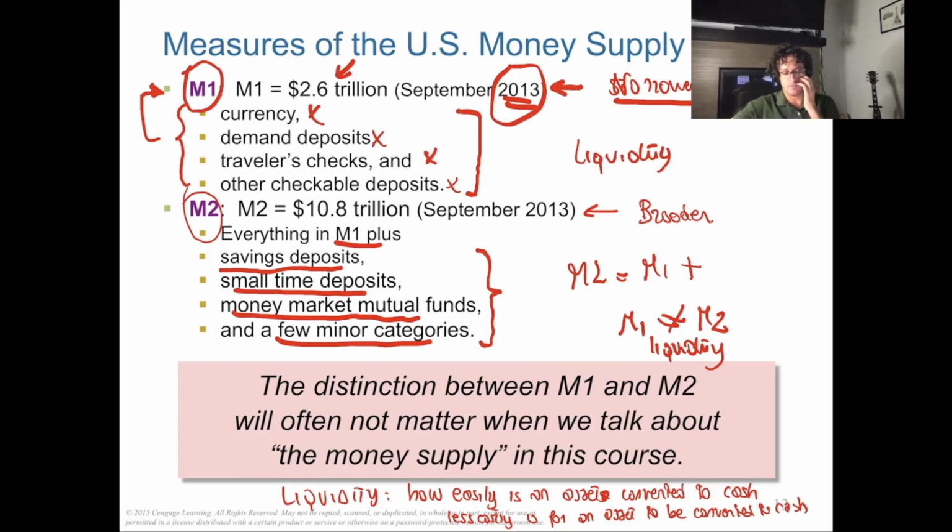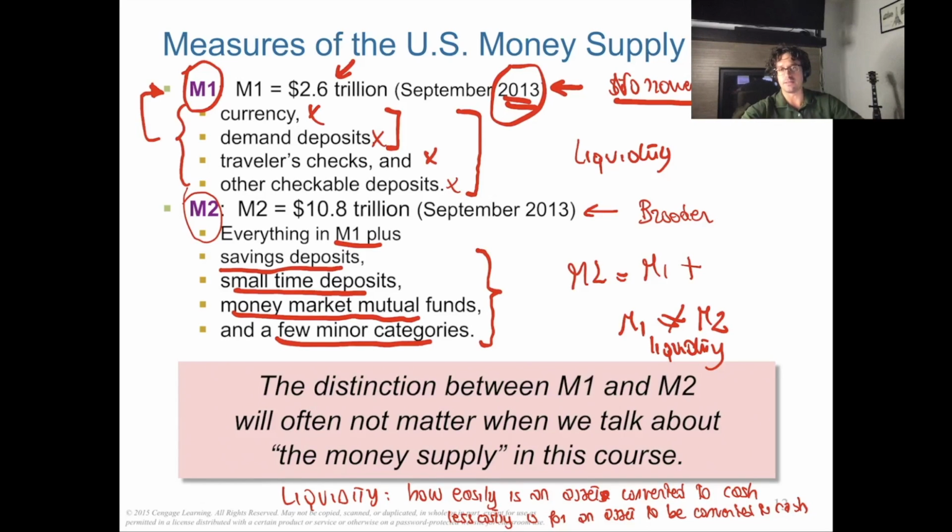So let me give you an example. Currency is already cash, so you can use it for making a transaction. Demand deposits, you don't even need to convert them. You go to the grocery store, you swipe your debit card, and you can make your transactions. So it's not costly at all. These are super liquid assets. Traveler's checks, you write your check, and as long as it is accepted, and they are accepted, it is super liquid.